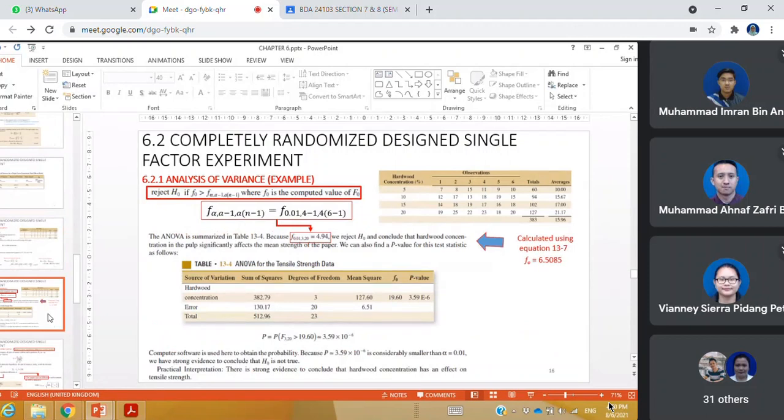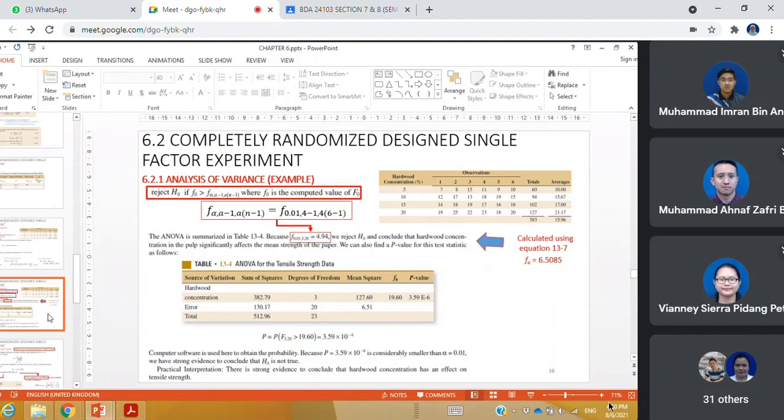That was the same content being explained in the second slides, the same content explained until page 16.